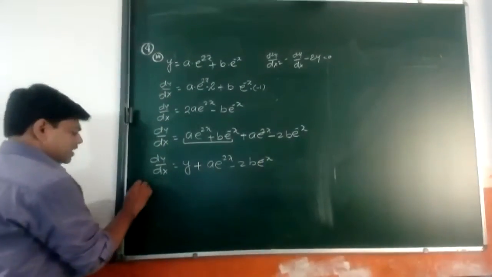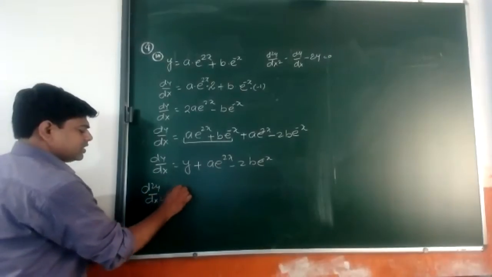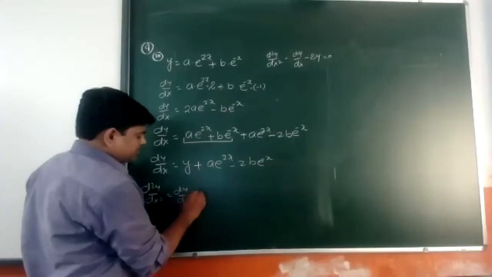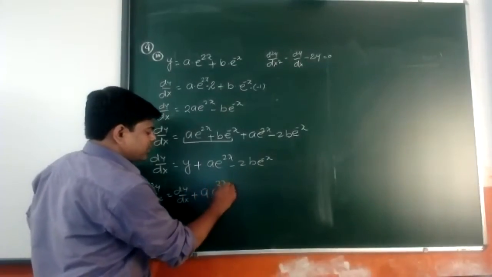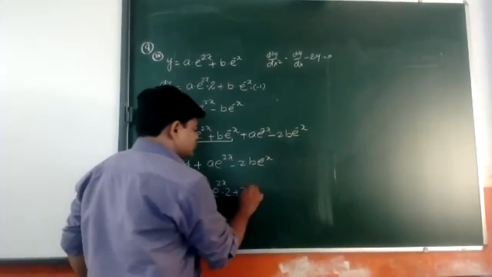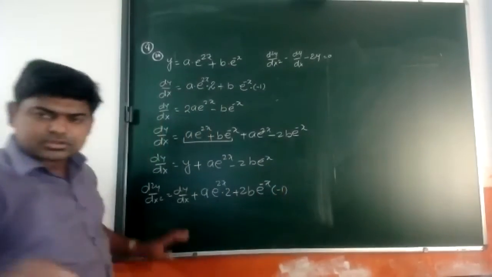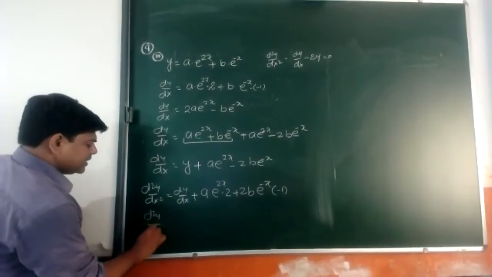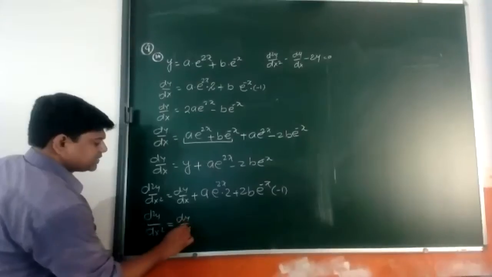Now listen to me. If again I differentiate dy by dx, now here you can see, plus a e to the power 2x into 2 plus 2b e to the power minus x and minus 1. After that, you can see d2y by dx square is equal to dy by dx.